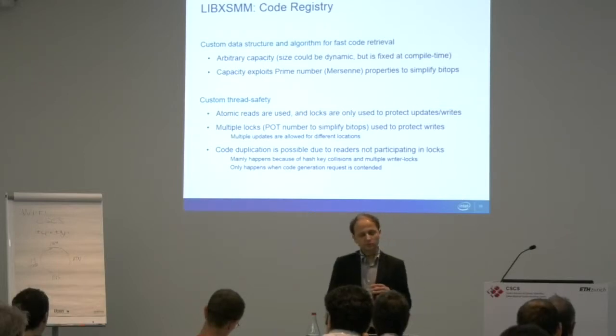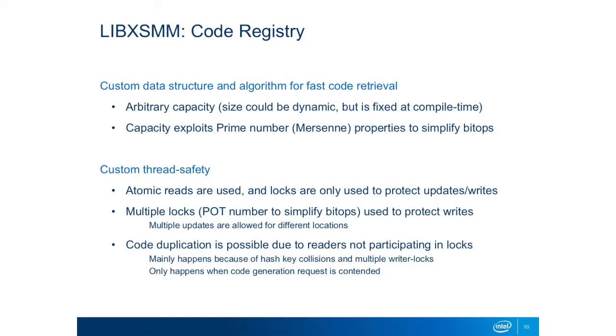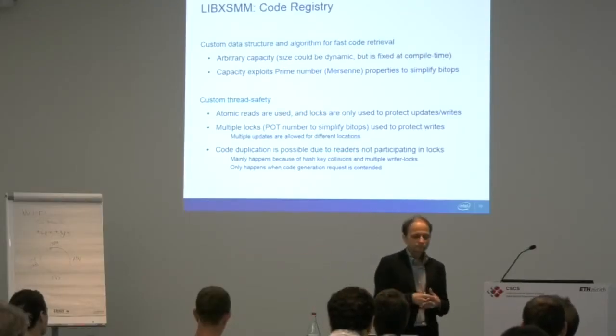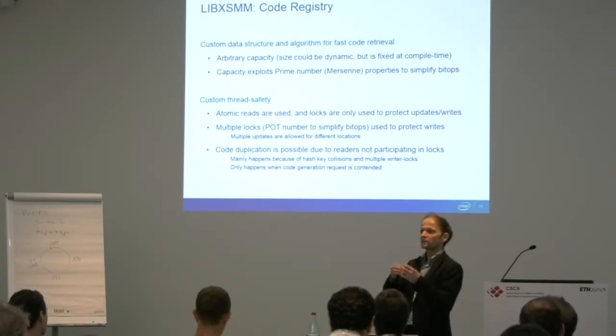That also leads to certain special, custom properties. Therefore, I called it custom thread safety, because if you call the code query in a threaded region with very high contention, you throw all the threads that you have on the query function and try to receive a code version, and you produce a lot of contention on the data structure.